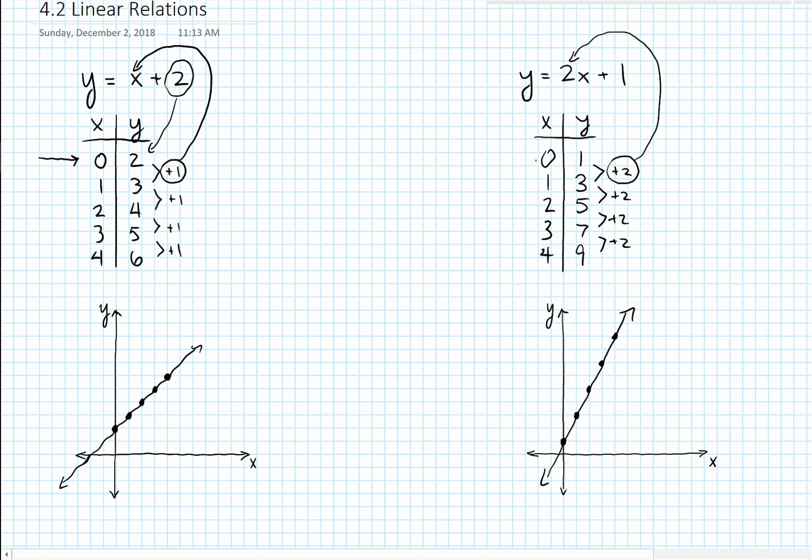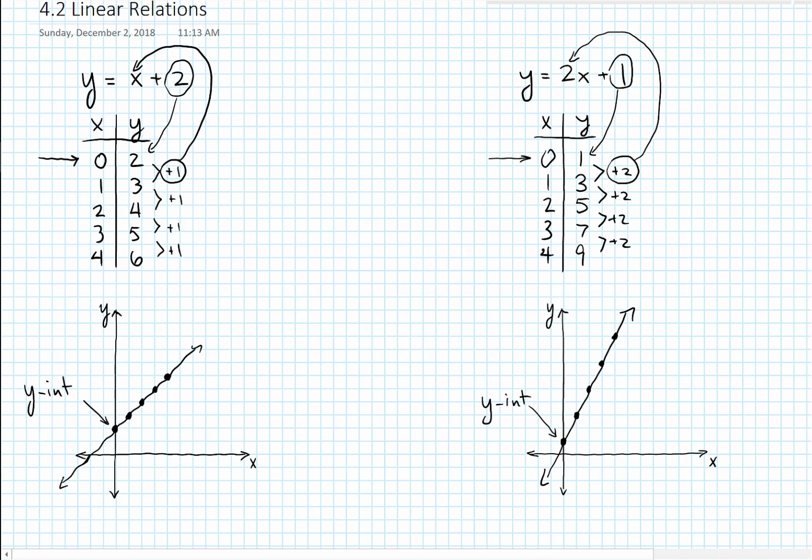And same thing over here, when x is equal to 0, that again refers to the y-intercept. And it's the point at which the line crosses the y-axis. That's why it's called the y-intercept. So again, you can see that this 1 shows up right there. So this y-intercept is sometimes abbreviated just y-int.